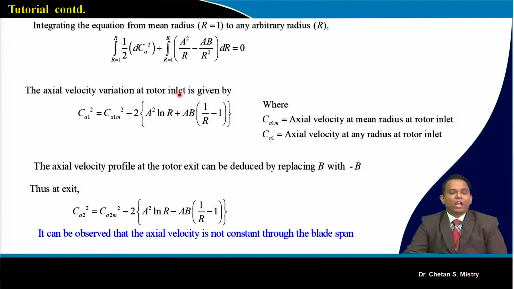In line with that, if you solve the equation by putting A plus B by R, you get CA2, the axial velocity at the exit of my rotor. So the axial velocity varies at entry and at exit. It does not remain constant.